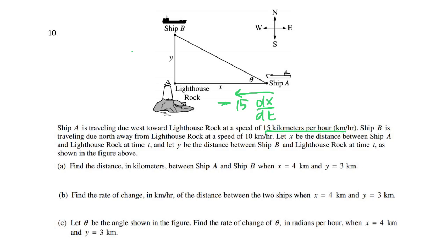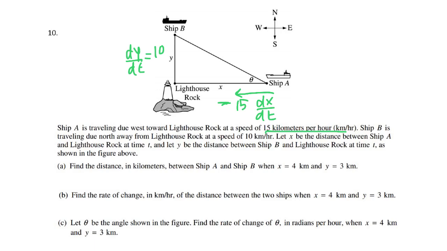So I would call that our dy/dt, and that was 10 kilometers per hour. Let x be the distance between ship A and the lighthouse rock at time t, and y be the distance between ship B and the lighthouse rock at time t.